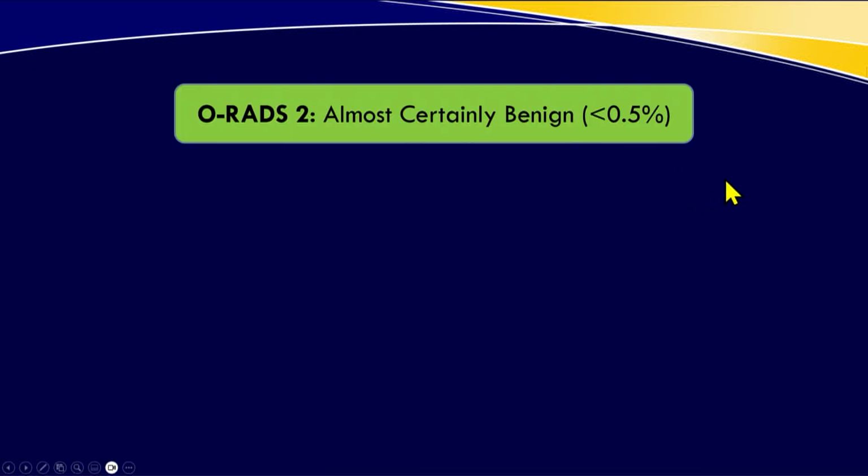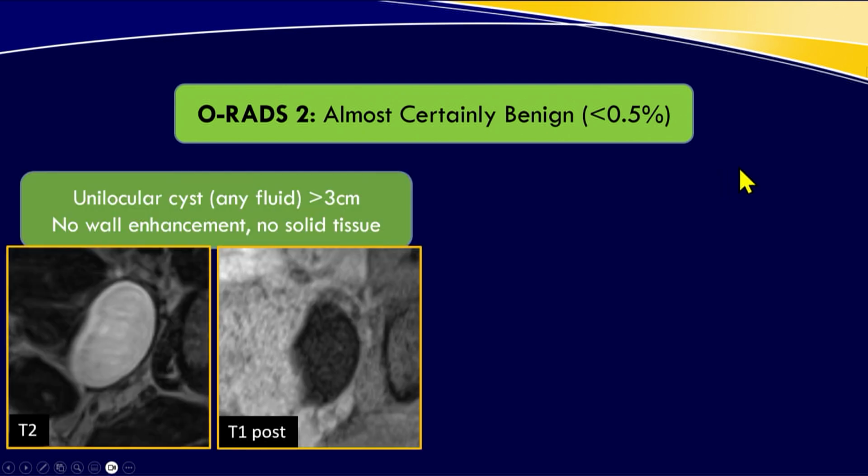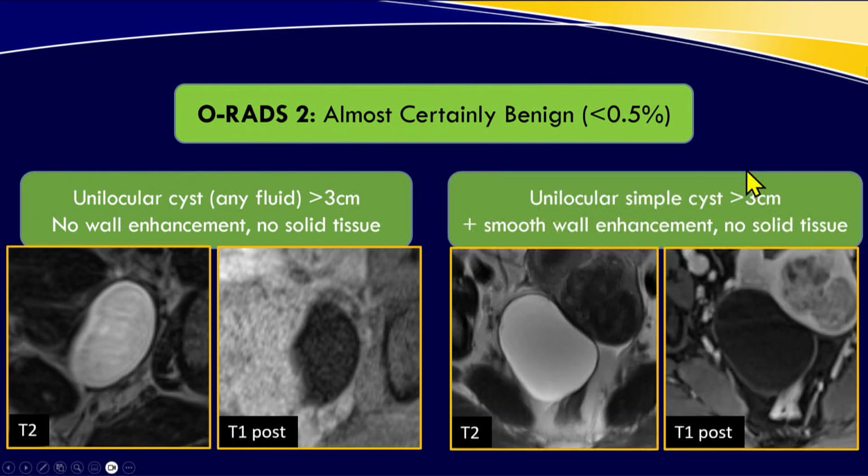O-RADS 2 is almost certainly benign, positive predictive value less than 0.5% for an ovarian mass. This includes unilocular cysts, any fluid type that's greater than 3 centimeters, no wall enhancement, no solid tissue, no mural nodule, no papillary projection, no thickened internal septae.